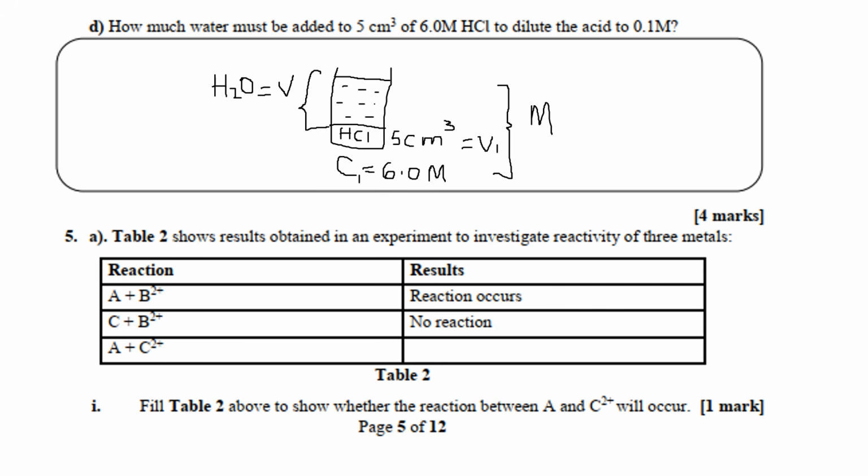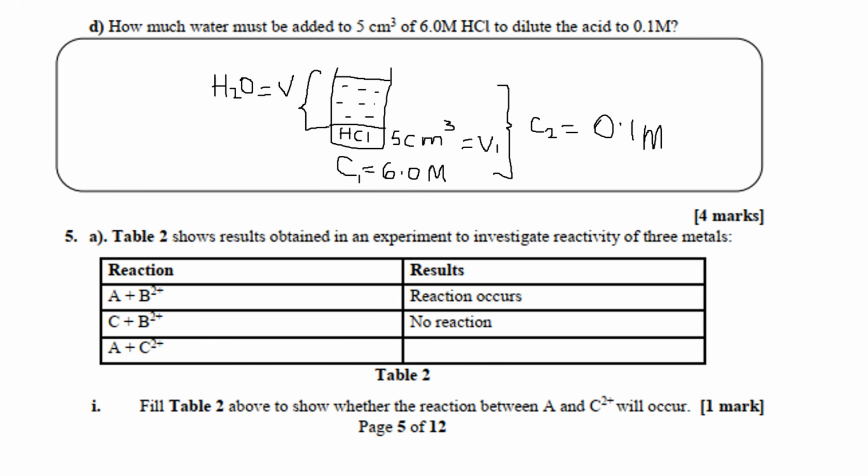Sorry, C2 or M2, it doesn't matter. Let's call this C2, to produce a concentration of the whole solution after adding water of 0.1 molar. That's the situation we have.